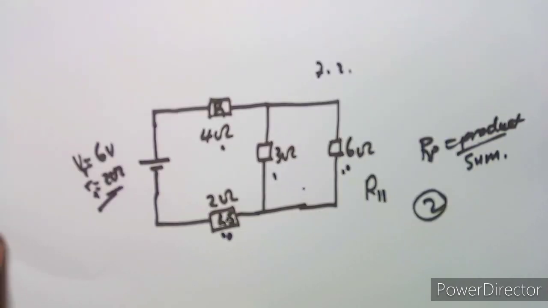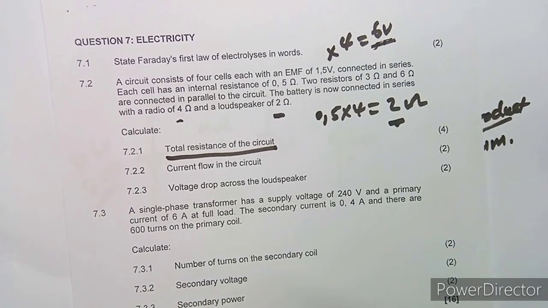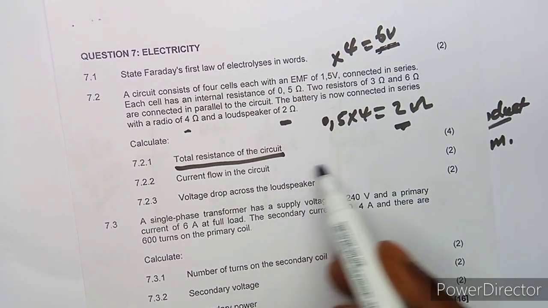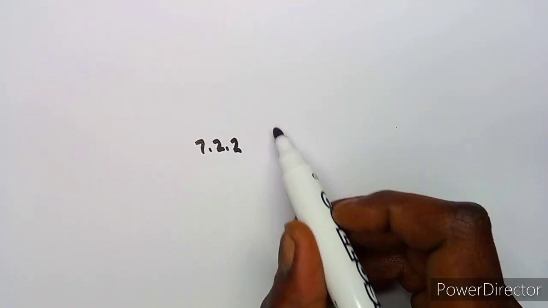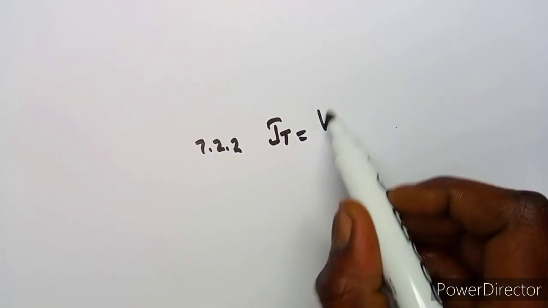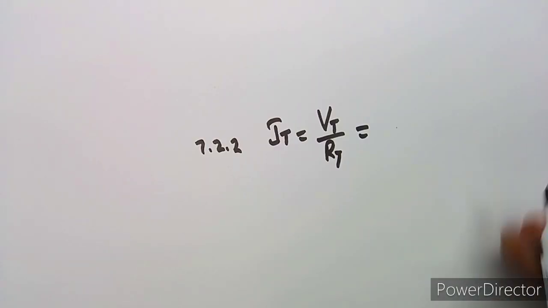Let's see another part where we are given to calculate the current flow in the circuit. So definitely current is the total voltage over the total resistance in this case. All right, this is 7.22. So the total current is going to be the total voltage over the total resistance. Remember, it's voltage over resistance.